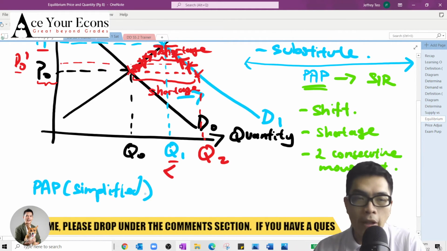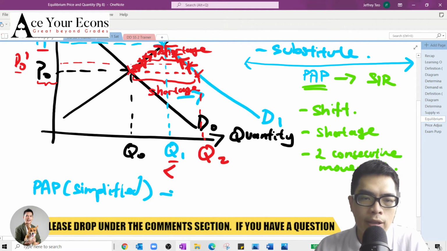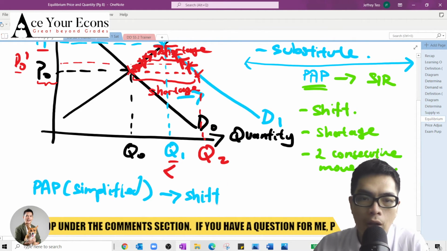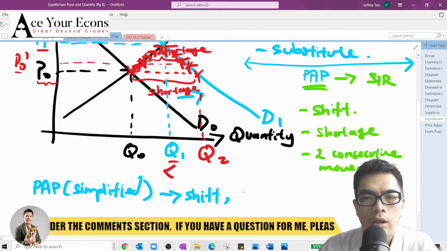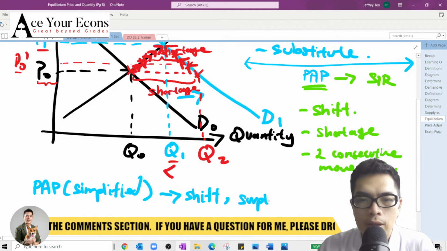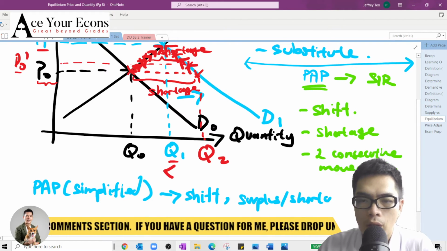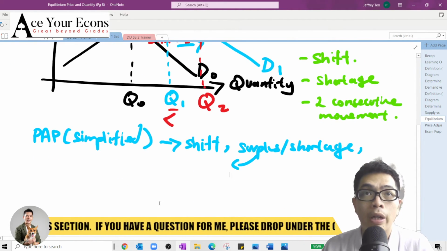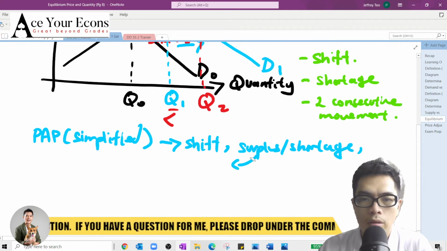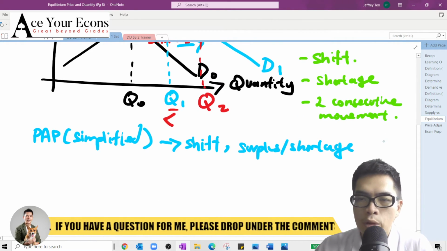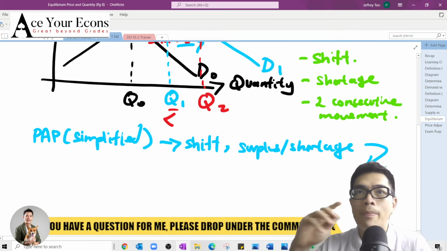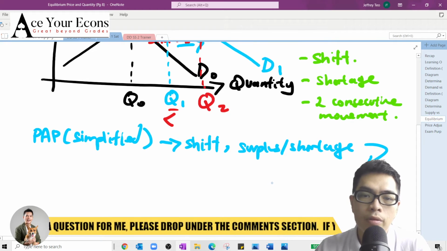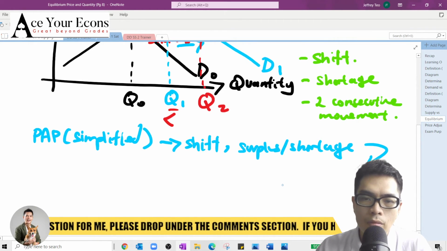A simplified price adjustment process will simply require you to identify a shift of either a demand or supply curve, resulting in a surplus or shortage, followed by upward or downward pressure on price. You don't need the grandmother story of sending a signal, incentivizing, rationing.